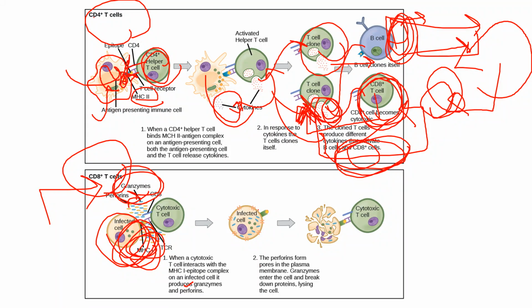Then they start creating pores in the plasma membrane, and all the cell contents come out and the cells lyse. The granzymes enter the cells and break down all the proteins. In this way it performs this action when there is an encounter with an antigen.